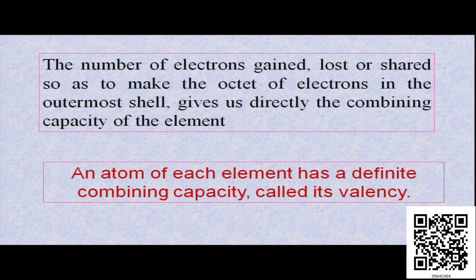That will be your valency. Let us look at the definition on your screen. The number of electrons gained, lost or shared so as to make the octet of electrons in the outermost shell gives us directly the combining capacity of the element. An atom of each element has a definite combining capacity, which we call valency.